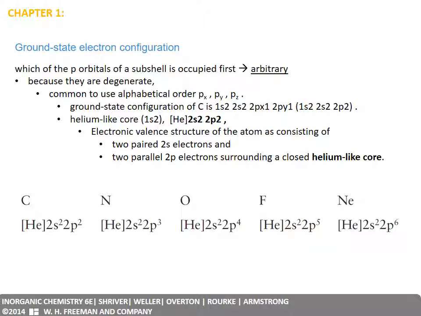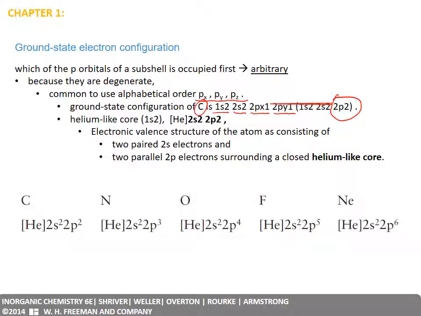But as a conventional rule, we represent them as px, py, pz in alphabetical order. So the ground state configuration of carbon would be 1s2, 2s2, 2px1, 2py1, but for simplicity we write it as 2p2.